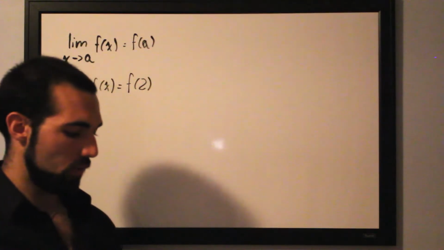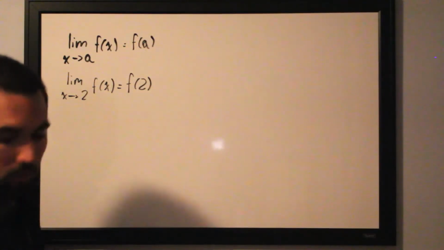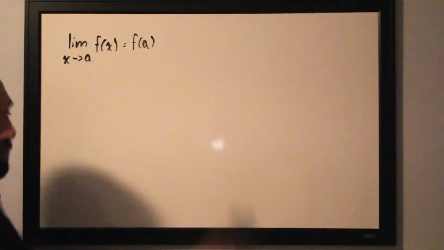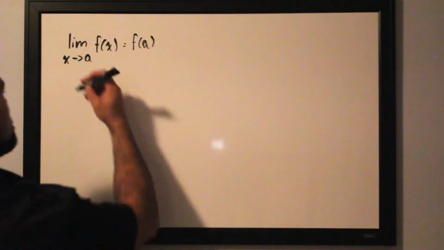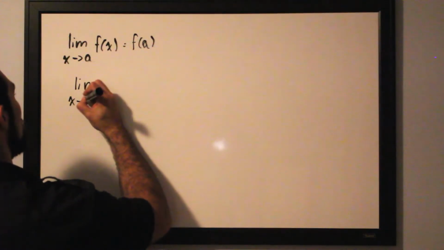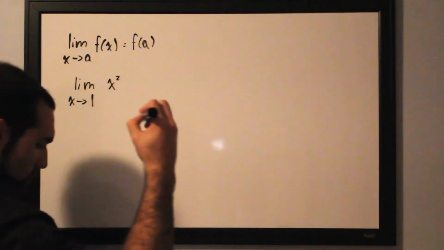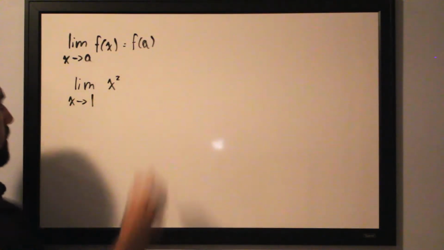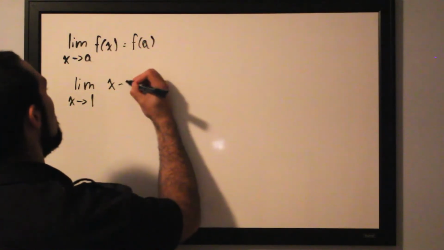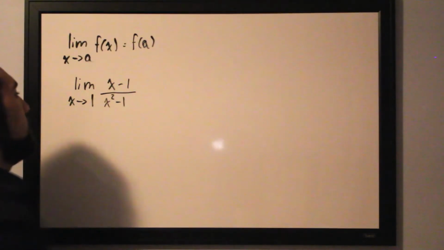And limits become slightly more complex with indeterminate forms, which I already went over. For example, we want to evaluate the following limit. Let's take the limit as x approaches 1 for x minus 1 over x squared minus 1.